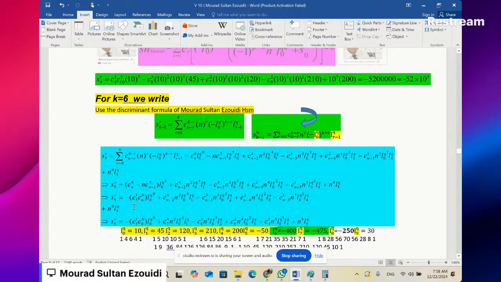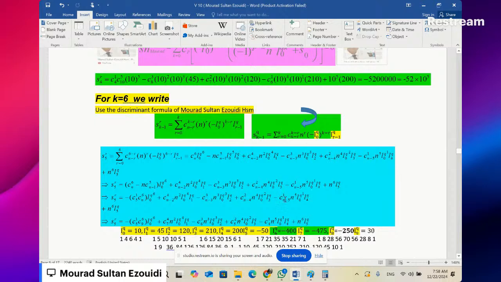The difference between these is equal to negative combination 5 choose 1 times combination n to 6, plus combination n minus 4 choose 4 times n squared times L0 to the power 4, minus combination n minus 3 choose 3 times n cubed, plus combination n minus 4 choose 2 times n to the power 4 times L0 squared times n cubed, minus combination n minus 5 choose 1 times n to the power 5 times n to the power 1 times n squared.